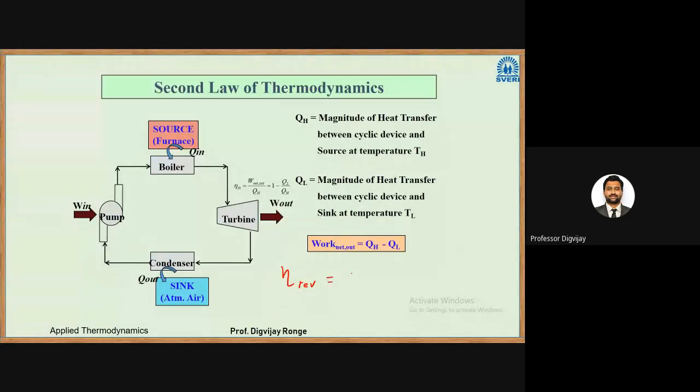It is given by 1 minus TL by TH. This is the formula for Carnot efficiency, and that heat engine we can call a Carnot heat engine.